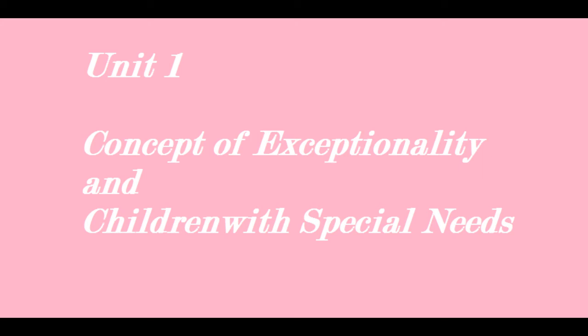So it simply means an impairment in hearing, as the term suggests, whether permanent or fluctuating, anything that adversely affects a child's educational performance but is not included under the definition of deafness.